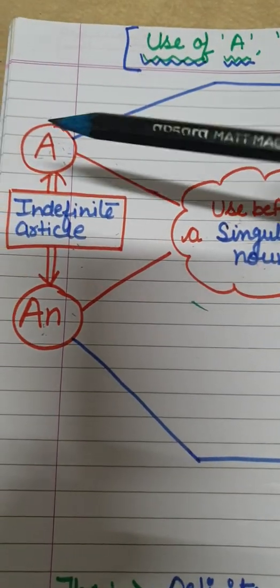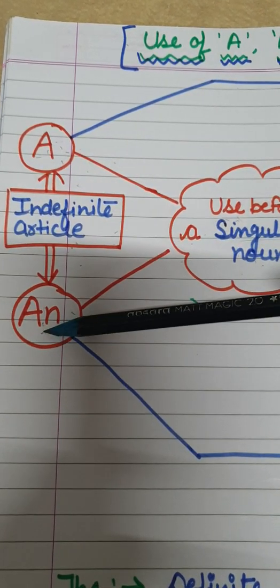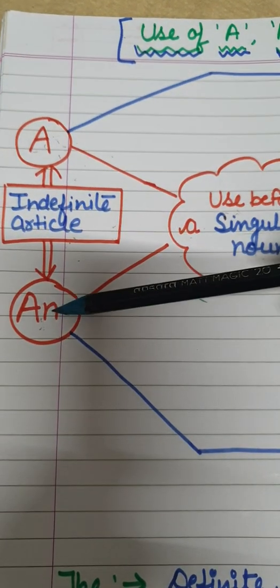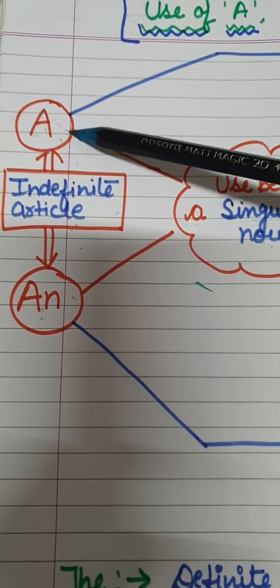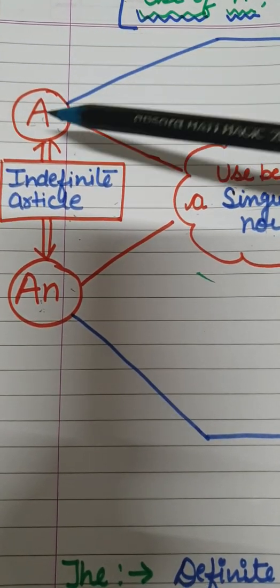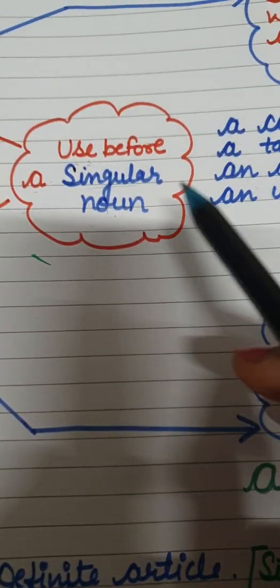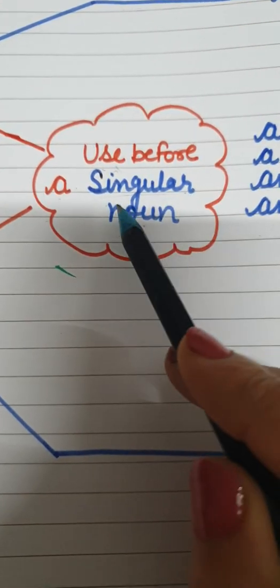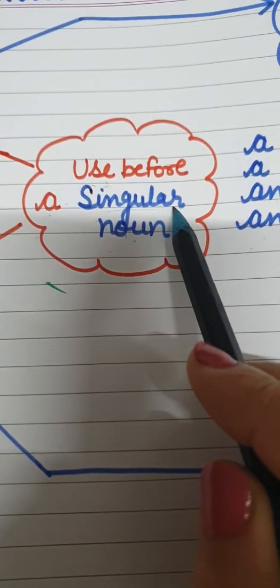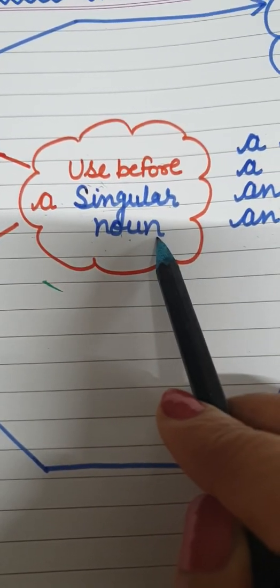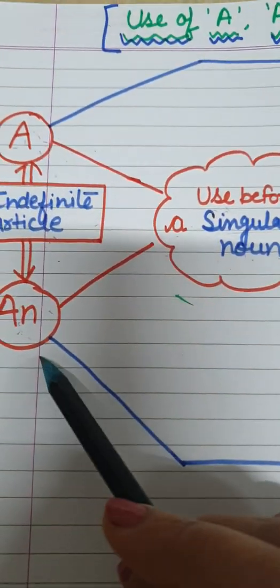First of all, kids, we will see the use of a and an. Always remember, we will use a and an both before a singular noun. When the noun is singular, only single in number, we are going to use either a or an.